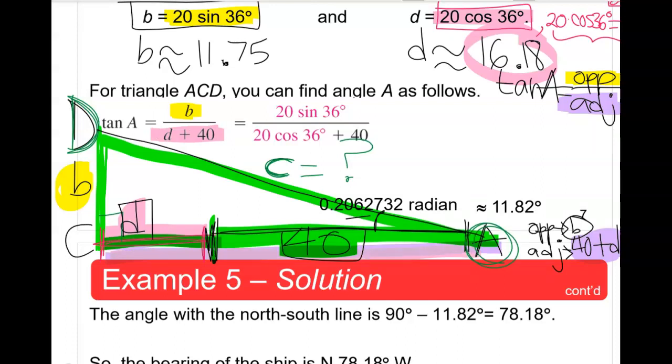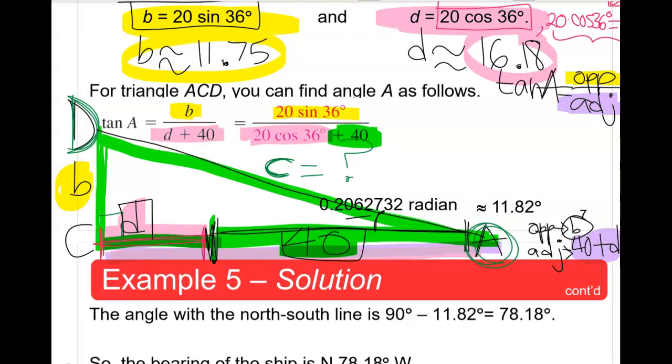Okay, so we already agreed that instead of using the approximations that we see here and to the right, we will use the trigonometric expressions. So for B, we replace that with 20 times sine of 36. That's coming from here. And then for D, we're going to replace that with 20 times the cosine of 36, just like that. And then 40 is that piece that we already knew from the beginning of the problem.